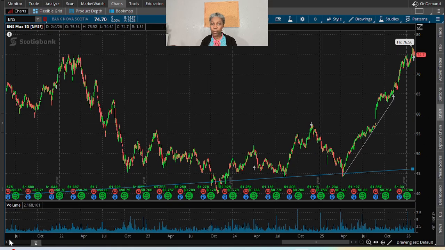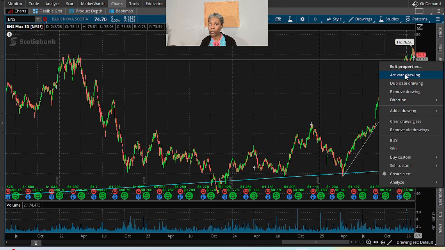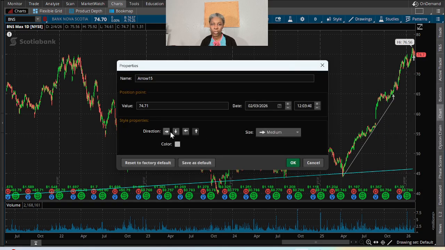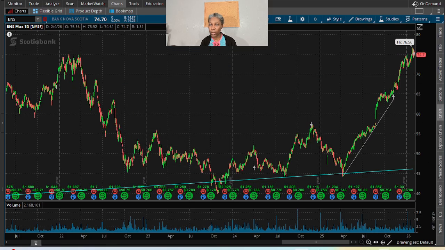So we have the dates on the x-axis from the past to the present, and we have the price on the y-axis from $0 up. So we have 2025 here and 2026 here. We have an arrow there showing that we bought it there, and an arrow here because we sold.